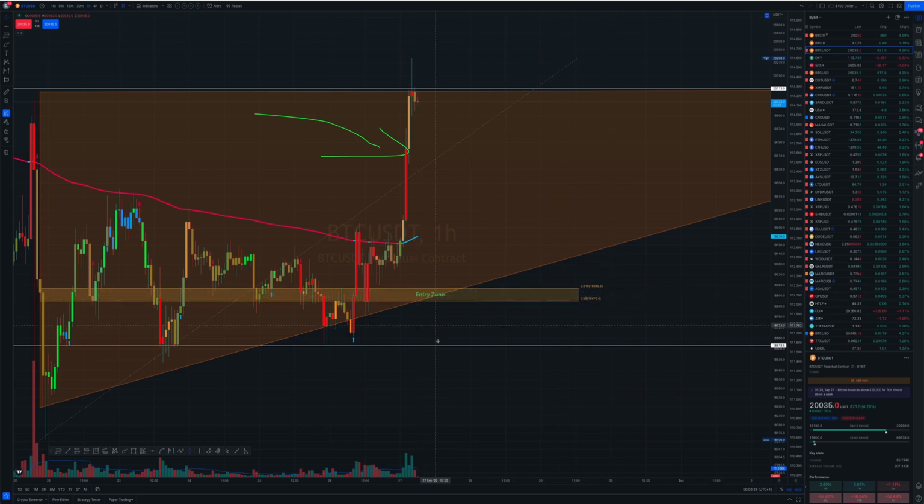And if we break that, my stop would be underneath this resistance, or should I say support, hopefully support line below us around 18,516-19. I've got a long tool here. So that gives me a 4-to-1 risk reward.